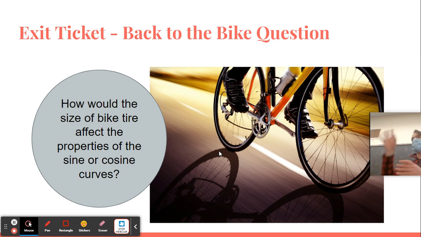We'll learn to use transformations tomorrow to model that type of behavior. Or take a look at the properties of this bike tire and how that's going to change the period, amplitude, and so the cycle of these different sinusoidal functions that we could create to model these types of behaviors. And so those are our ideas.